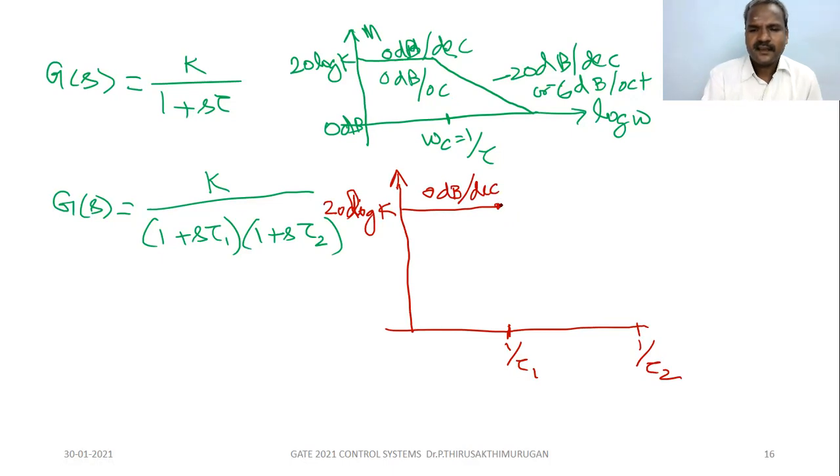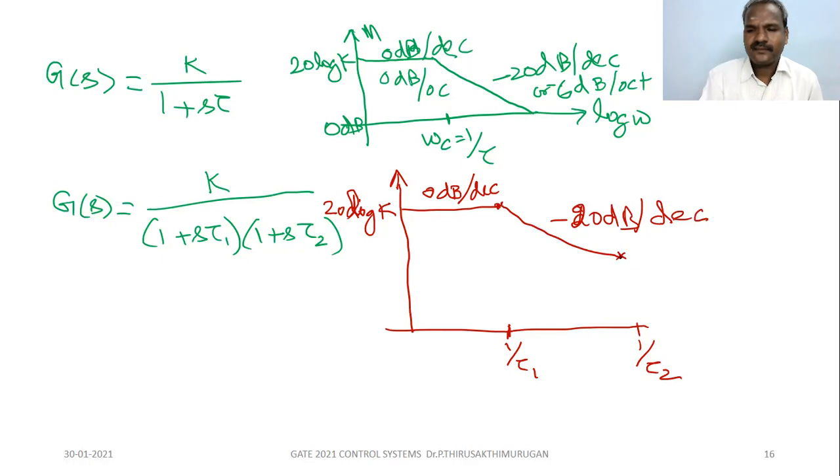From this, the slope change occurs up to another value, and then it is minus 20 dB per decade, or 6 dB per octave decay.